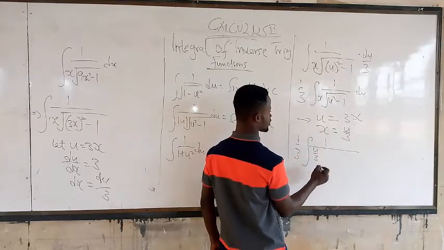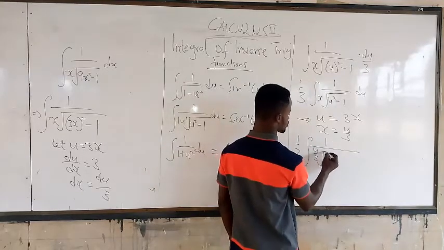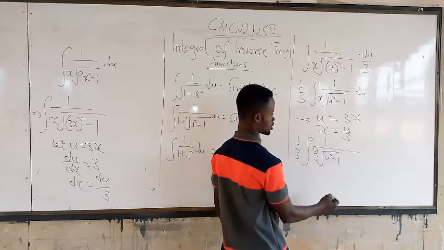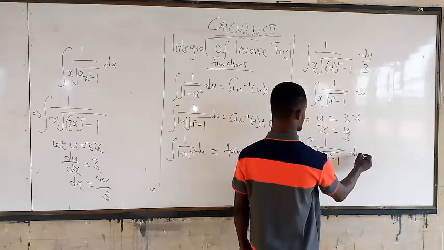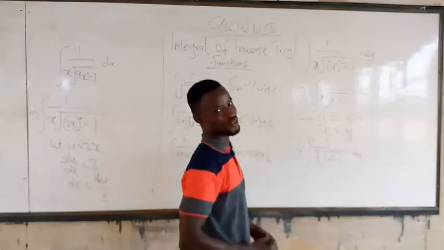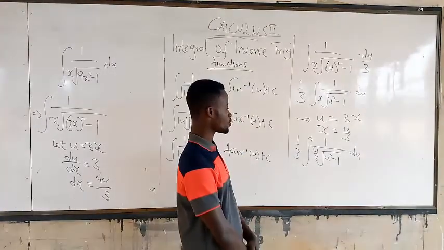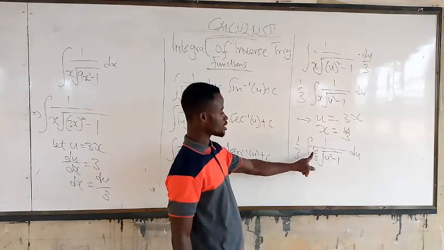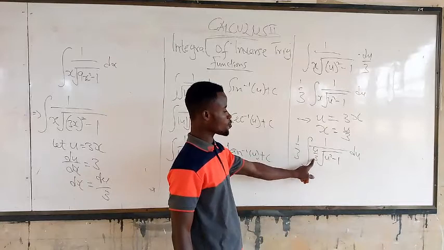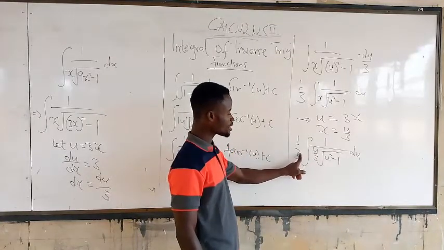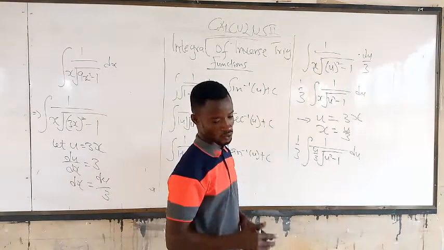u over 3 square root of u squared minus 1 du. Now we have all in terms of what? u. Do you know what is here? The constant here is 1 over 3. And that is only multiplying this 3 down here. Be careful.